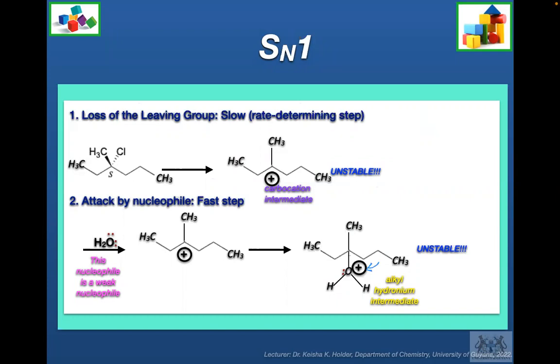So now the oxygen atom is unstable, and that has to be addressed. This would then be the formation of a second intermediate. So this was intermediate 1, and here is now intermediate 2 in this reaction in the form of an alkyl hydronium intermediate.